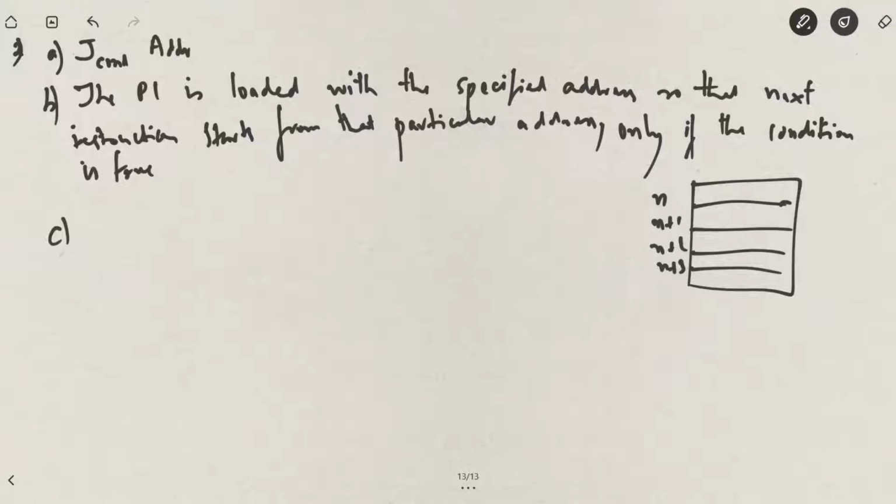At n we'll write the opcode of jump conditional, and at n plus 1 we'll write the least significant byte of the address, and at n plus 2 the most significant byte of the address. Fine. And at n plus 3 there will be another, next instruction. And somewhere down the line there is this address, ADDR.